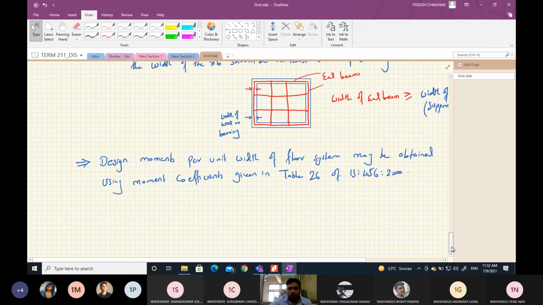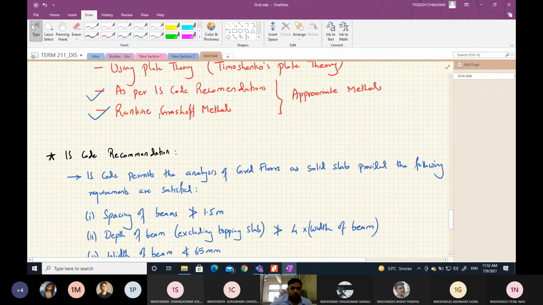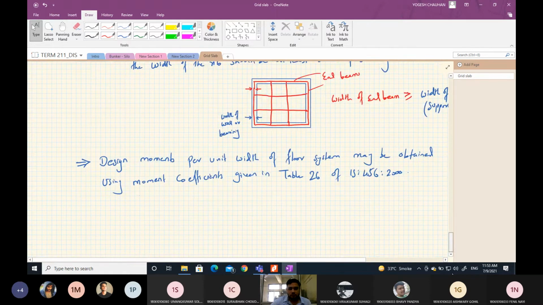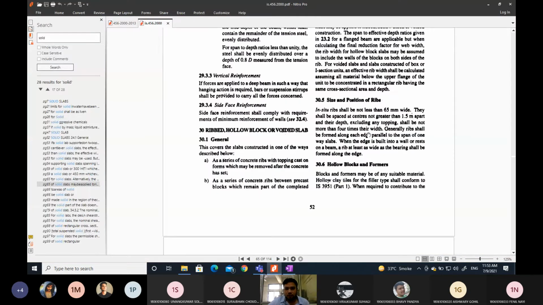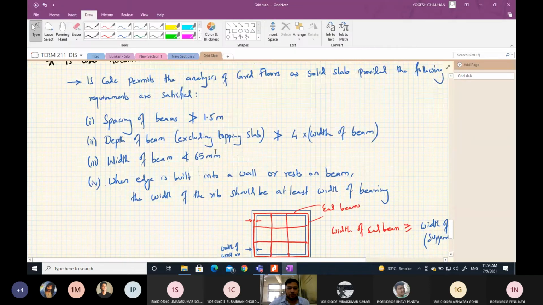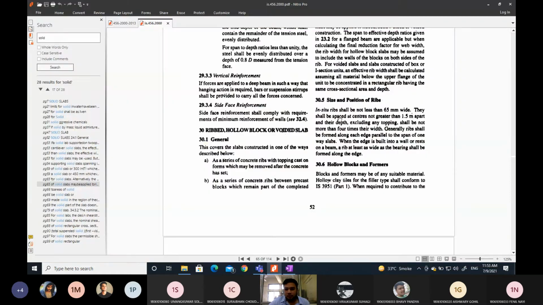Now, the second theory of analysis is Rankine's-Grashof method. See, the IS codes are given here also. You can go through that. In the size and position of the ribs, the in situ rib shall not be less than 65 mm, which is the third criterion. The width of the beam should not be less than 65 mm. Then they shall be spaced at centers not greater than 1.5 meter apart, and the depth excluding topping shall not be more than 4 times their width.